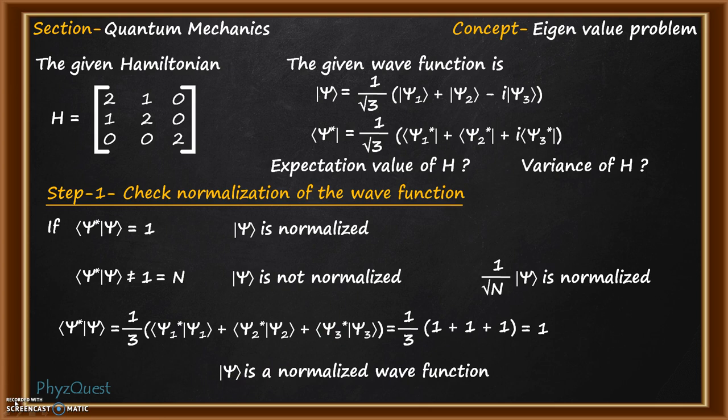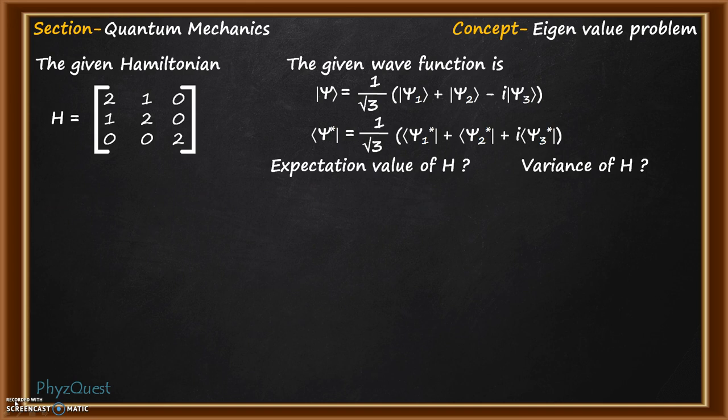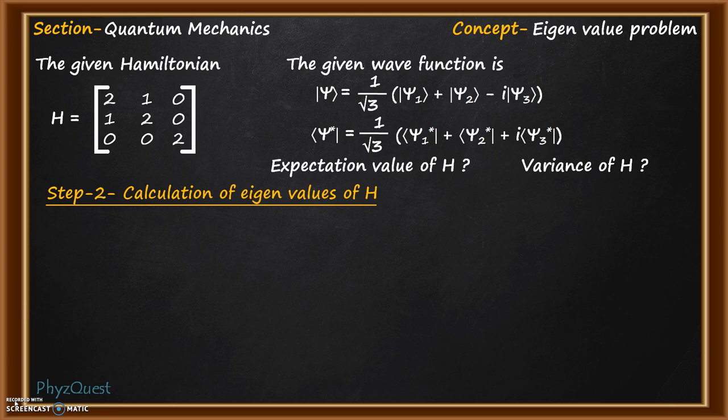Once we have the normalized wave function, next, in order to calculate the expectation value and variance, first of all we need the energy eigenvalues of the Hamiltonian. So the second step will be calculation of the eigenvalues of the Hamiltonian. Here the Hamiltonian is a 3x3 matrix. To calculate the eigenvalues, we need to solve the characteristic equation, that is the determinant of H minus lambda I is equal to 0.